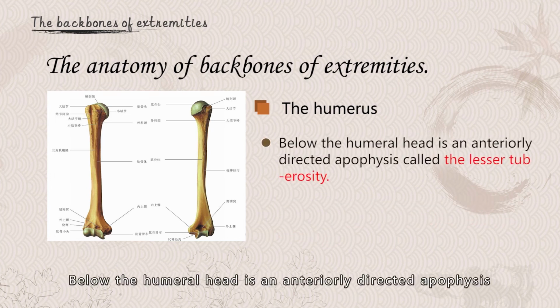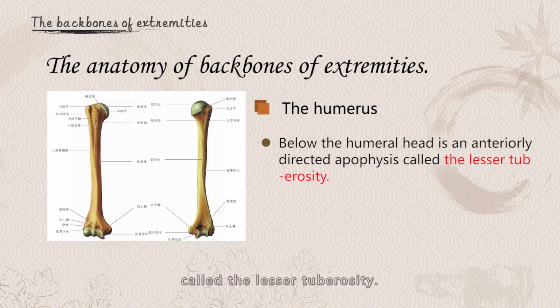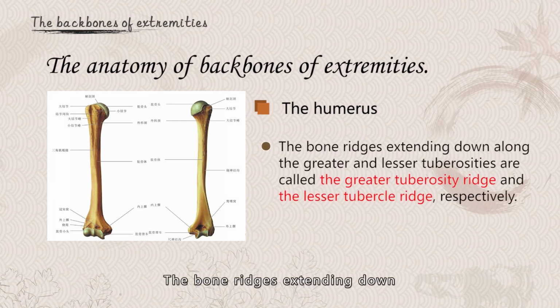Below the humeral head is an anteriorly directed apophysis called the lesser tuberosity. The bone ridge extending down along the greater and lesser tuberosities are called the greater tuberosity ridge and lesser tubercle ridge, respectively.